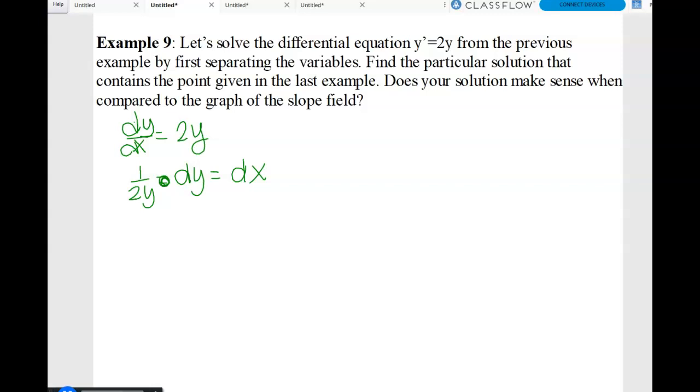What that does is kind of create problems for you once you start doing the ln. So instead of moving my 2, I personally leave the 2 with my dx and only divide by the y. I like to leave the numbers or the constants with the dx's.